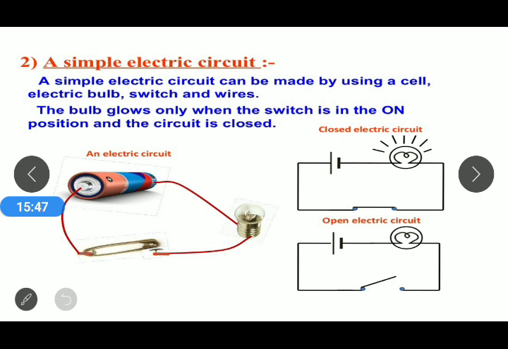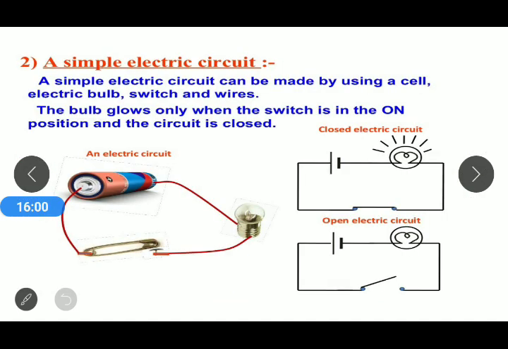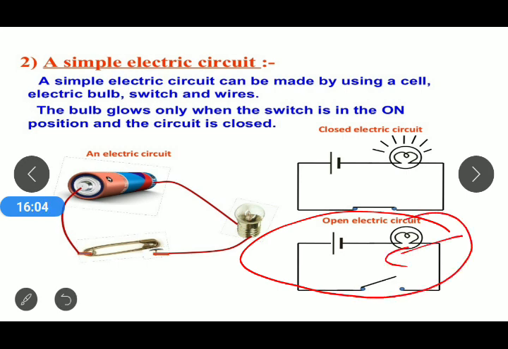We let the electrical current flow for about 2 to 3 minutes. After that, we again try to touch the bulb. In the first situation, when there is no electrical current and we touch the bulb, we feel no warmness.